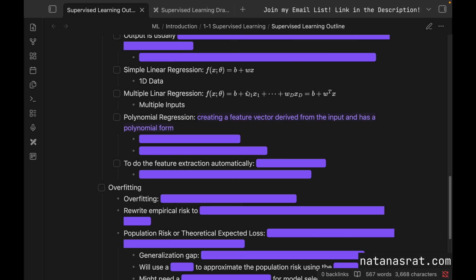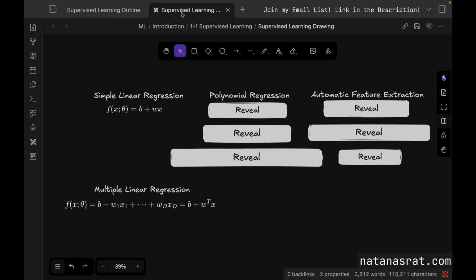Of course, this is a very simple model. Instead of trying to learn just the weights that linearly multiply the inputs, we can create a feature vector derived from the input that has a polynomial form. This is a linear function of the parameters, but it is a nonlinear function of the original inputs x.